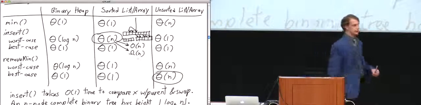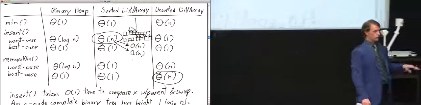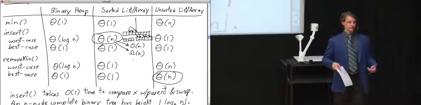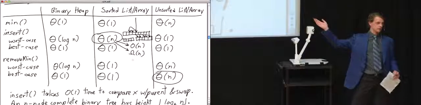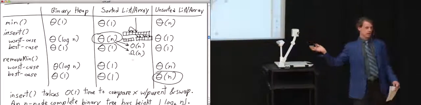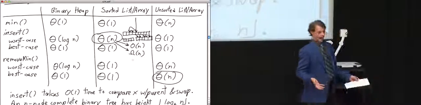So one thing to remember is that the notations big O and big omega are totally independent of what is the function that we're actually bounding. So the worst case running time for n items is one function. The best case running time for n items is a different function. You can talk about big O or big omega of either of those functions.